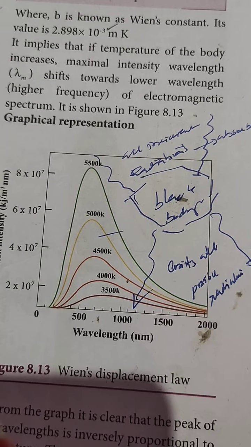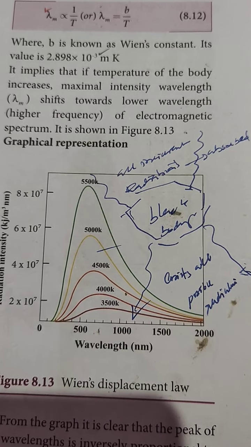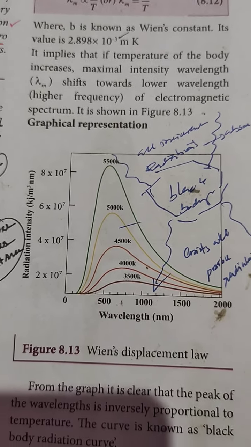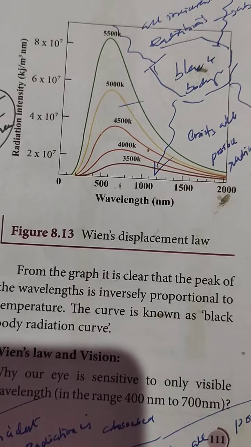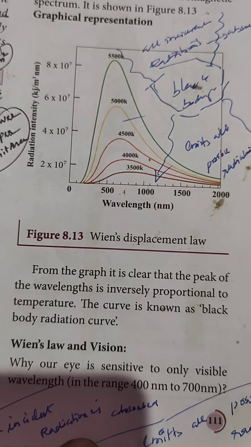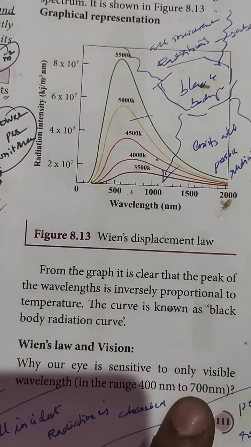The peak value indicates that all the incident radiation will be absorbed, according to the blackbody. Okay, this is Wien's displacement law. The graph tells us the peak value is inversely proportional to its temperature. The curve is called the blackbody radiation curve.